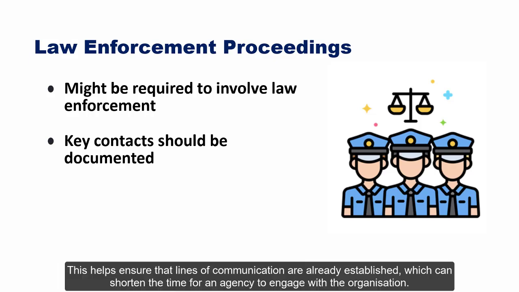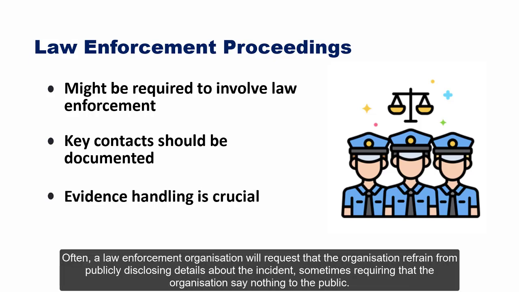This helps ensure that lines of communication are already established, which can shorten the time for an agency to engage with the organization. Often, a law enforcement organization will request that the organization refrain from publicly disclosing details about the incident, sometimes requiring that the organization say nothing to the public.